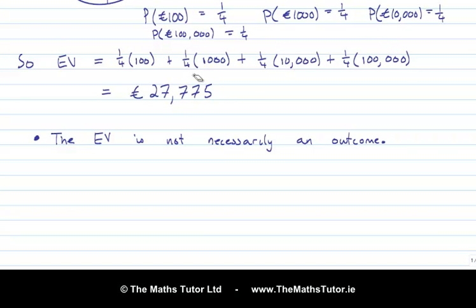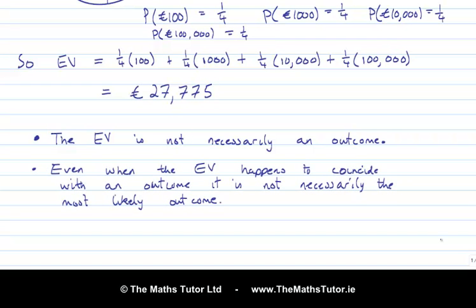And the expected value came out to be none of these. It was another value altogether. So no matter how many times we played this game, we would never win 27,775 in one particular playing of the game. That's not what expected value means. Expected value is the average value that we get when we play the game many times. So that's an important thing to realize. The expected value is not necessarily an outcome.